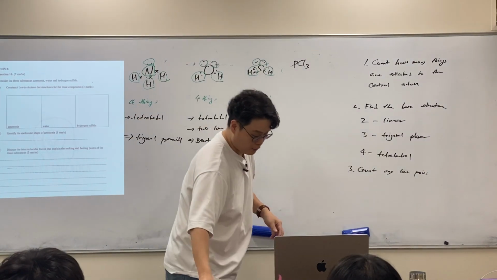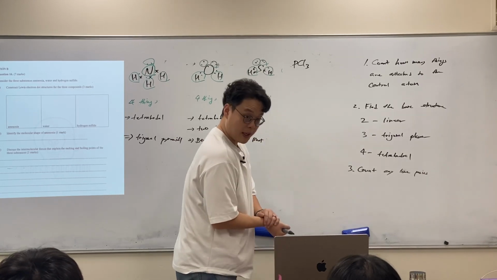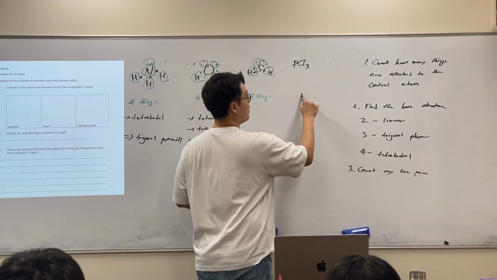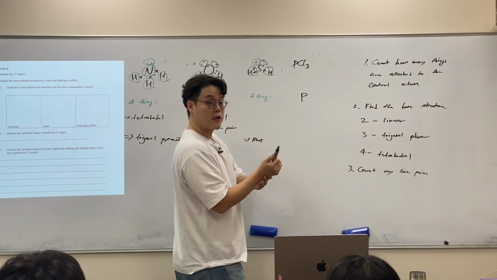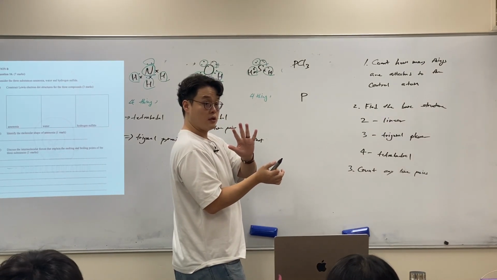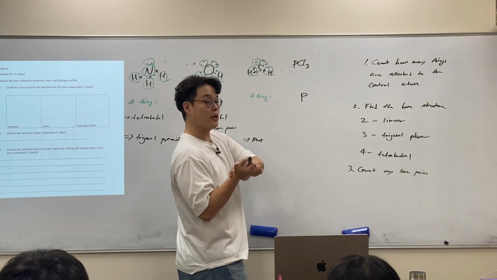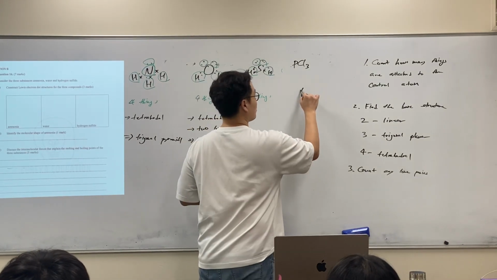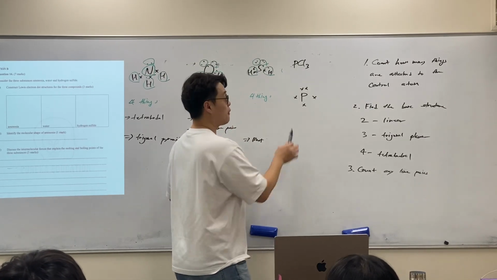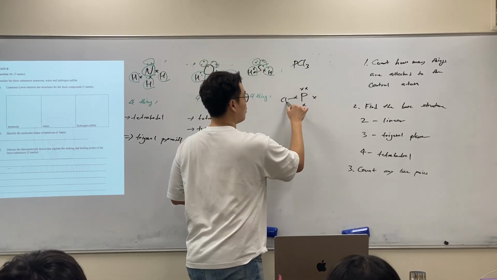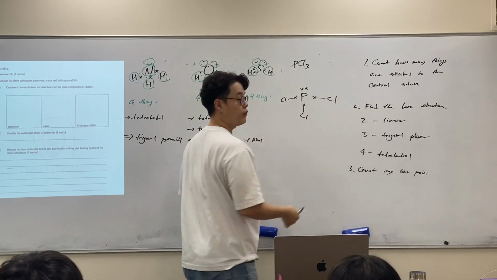Phosphorus, P, has how many? So start from the number of valence electrons. Phosphorus has 5 valence electrons. It's group 15. You can use a periodic table if you're not too certain about it. And 3 chlorines means we have 3 chlorines attached over here.